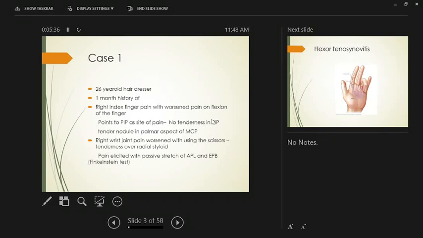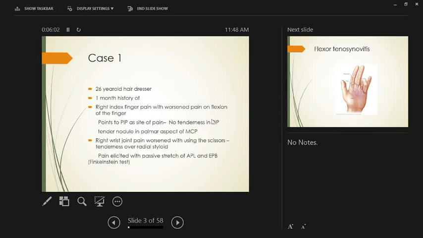And then the patient also has right wrist pain worsened when using the scissors. But there is no actual tenderness of the joint line of the wrist joint, but there is tenderness over the radial styloid. So pain can be elicited by passive stretching of the abductor pollicis longus and the extensor pollicis brevis tendons. Those are the tendons lying over the radial styloid.